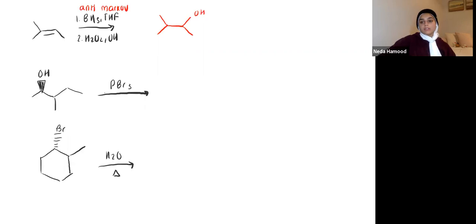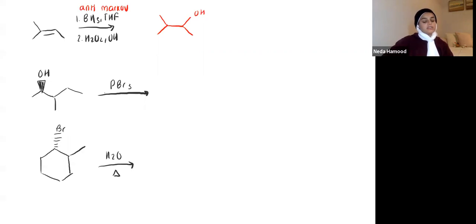I know there's like 3,000 times where you've heard how things can be less stable and more stable with Zaitsev and Hofmann, and now you have Markovnikov and anti-Markovnikov, but those are specifically for reagents. There are certain ones that are just going to be Markovnikov and anti-Markovnikov, and BH3 THF is one of those anti-Markovnikov, because THF is either thermodynamically favored or kinetically favored.